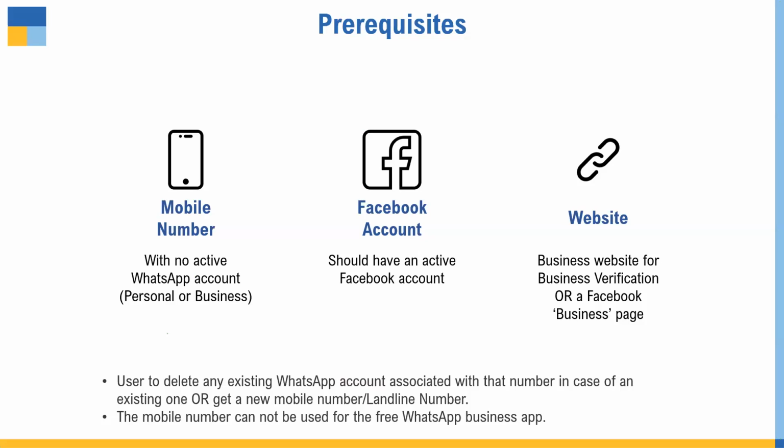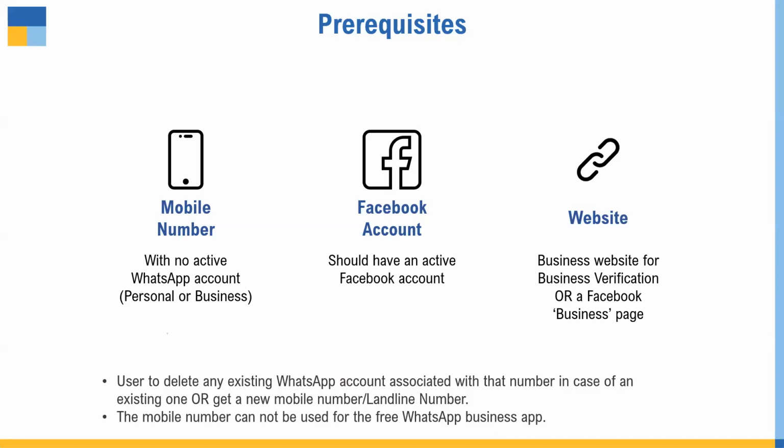Just in case you have a number and you want to continue with it, and you do not want to buy a new mobile number, you can delete your existing WhatsApp account, and then you can put it in the WhatsApp business account.